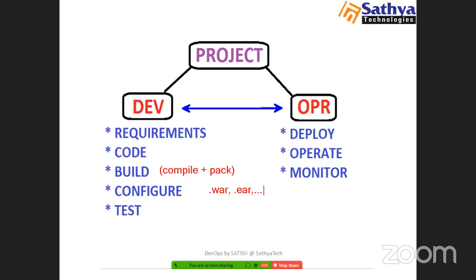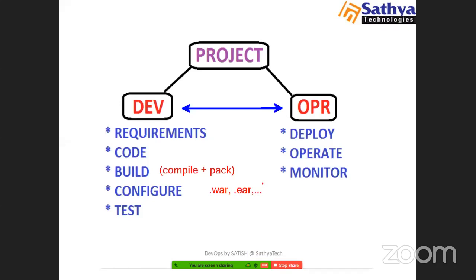Don't think that as a DevOps engineer, you will develop the code. There is a team of developers. Developers develop the code, but you can build. You can do configurations, testing, and integration. That is your role here. So don't think you will develop code. We have developers for this.